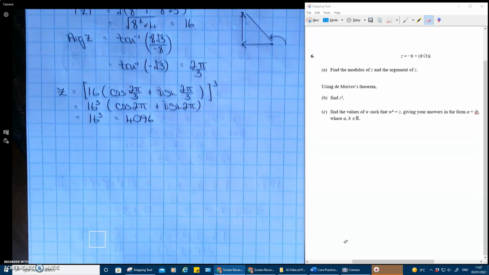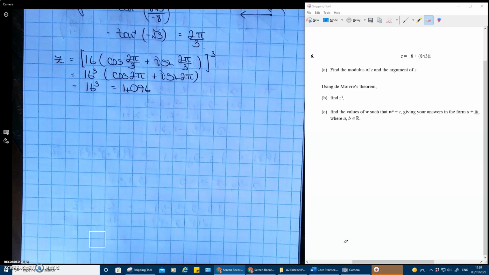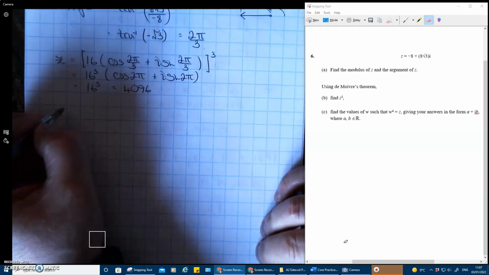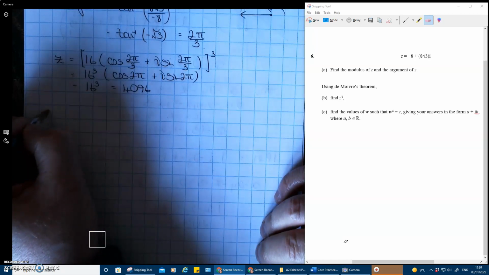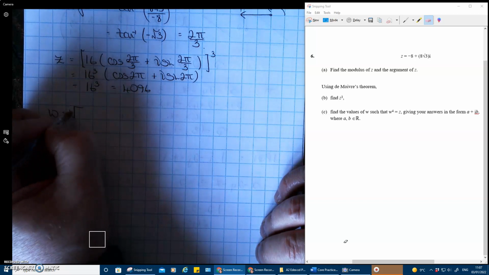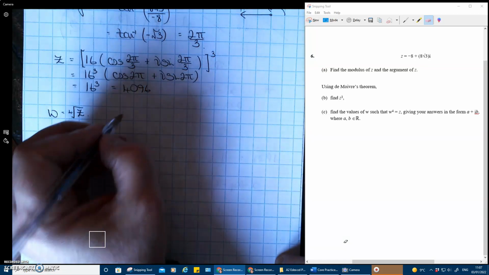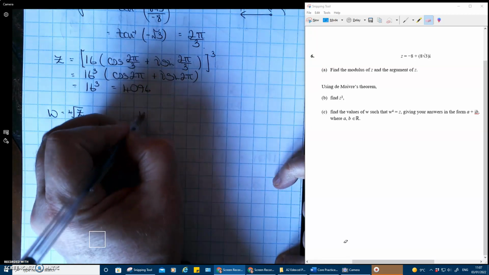Now find the values of w, so w is the 4, so I want the fourth root of z. So again I've got w equals the fourth root of z, or z to the power quarter. So that equals 16.